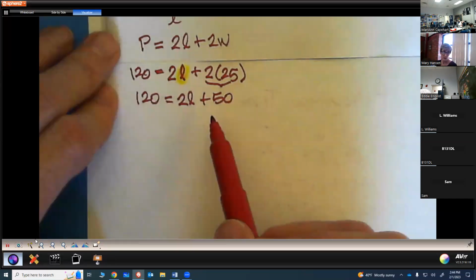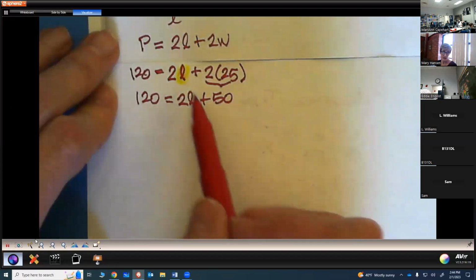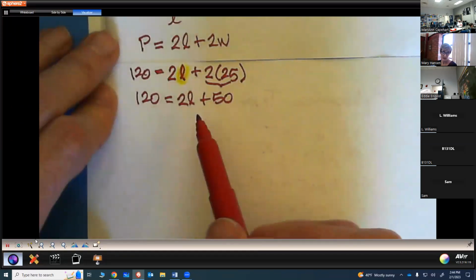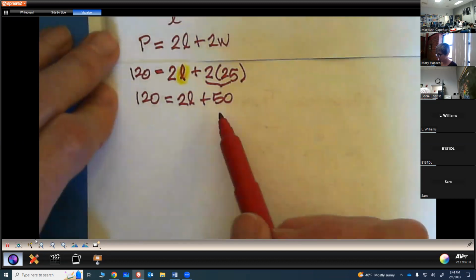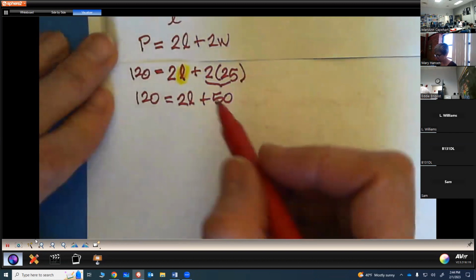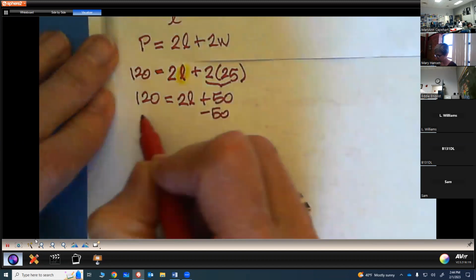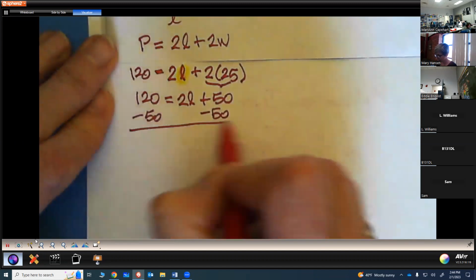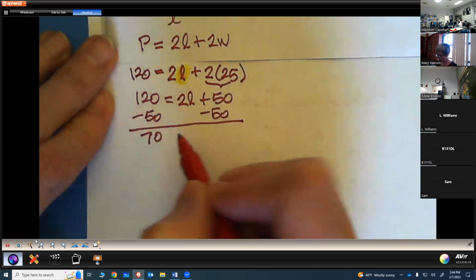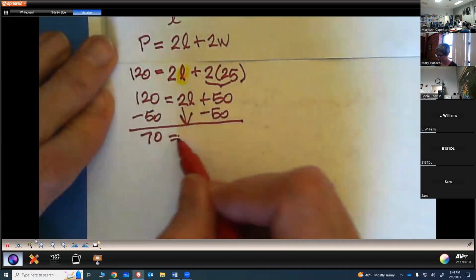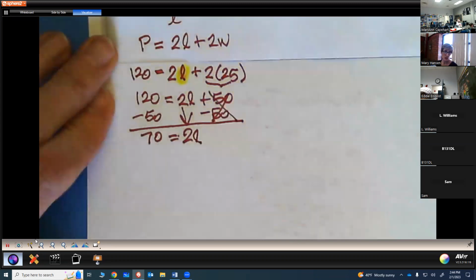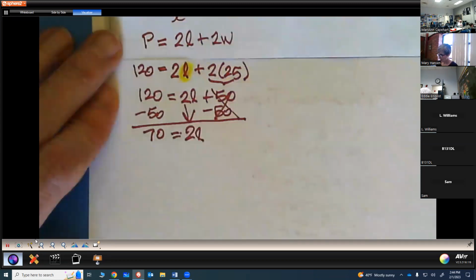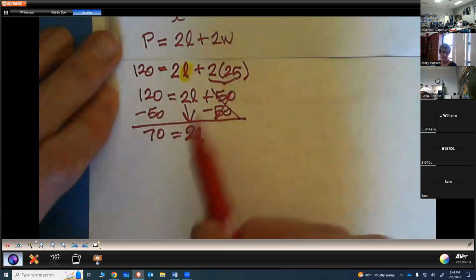Just as a general rule, you want to divide last because division creates or can create fractions. So the opposite of plus 50 is? Subtract 50. Yep, gives you 70 on the left, 120 minus 50. 2L comes down. And 50 minus 50 is 0, so it's gone. And now I have 2 times L is 70.